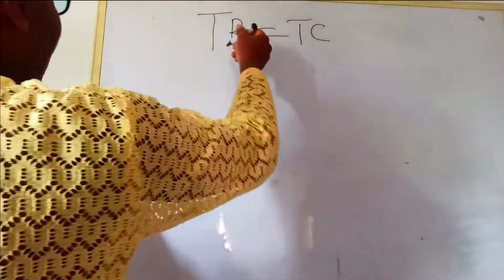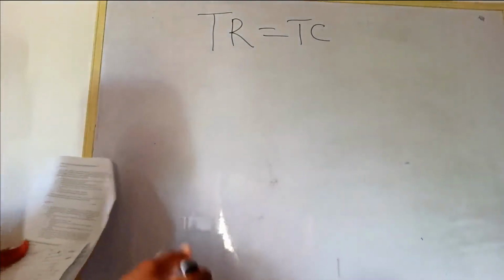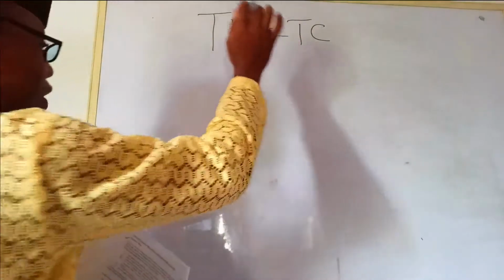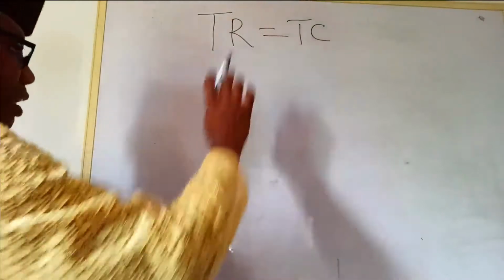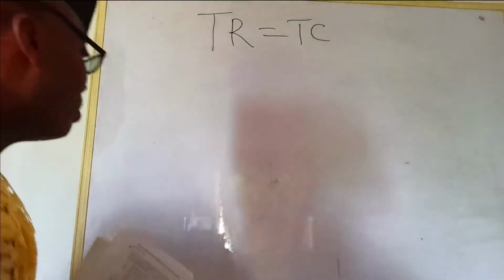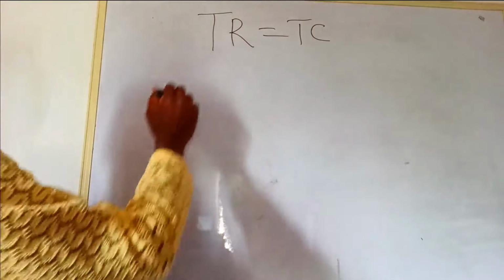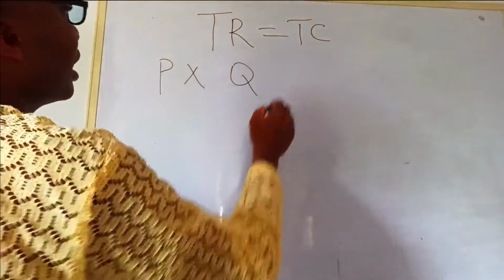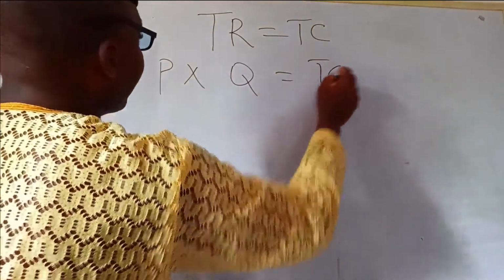Now, we know total revenue is price times quantity. Now, they're asking you for the minimum price cut. For the fact they said minimum, we answer that by bringing this formula first. The minimum price cut. Total revenue is price times quantity, and this one has been given.